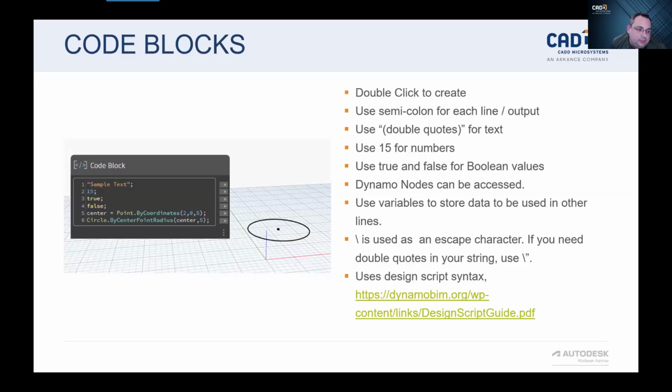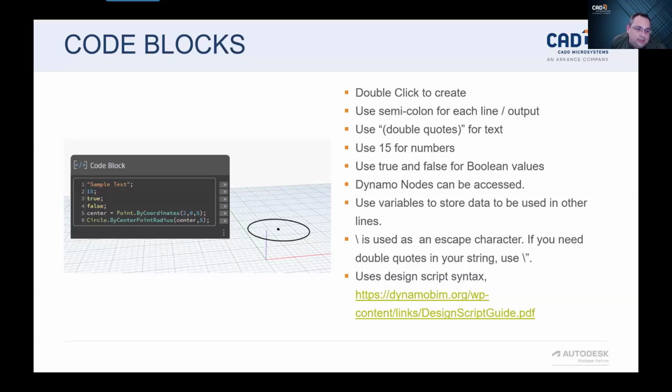So if you needed to create a point at a coordinate, as is shown here, you could type in the values, and then you could actually set that to a variable. We can use variables in code blocks, and you can then use that point to create a circle all in one node. Anytime you have a semicolon at the end, that counts as an output and also as a new line.